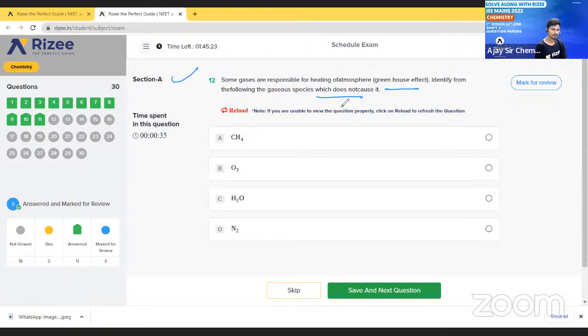They are simply asking which gaseous species is not responsible for the greenhouse effect. Tejaswini, now you have to tell the answer, because this is a very simple question. This question was also there in 10th class. Greenhouse effect, you studied about this, I think.